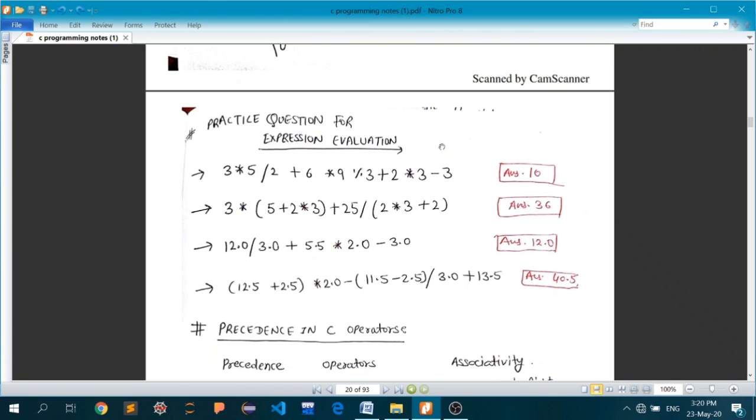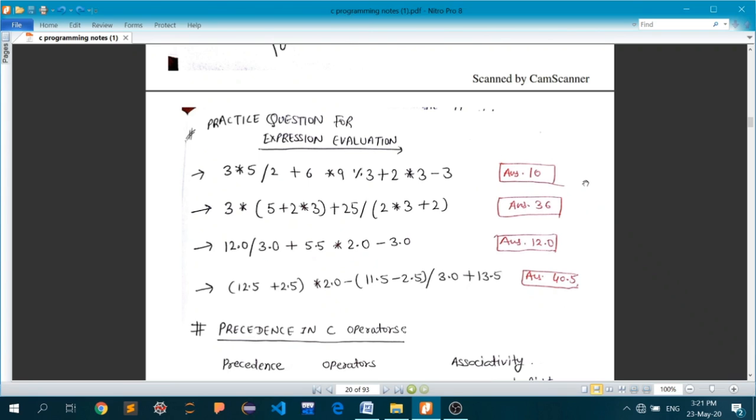And then this smaller expression here between the two additions will result in 0. Okay, so 7 plus 0 until now, and then plus 2 multiplied by 3, that is 6, and minus 3. So it is 7 plus 0 plus 6 minus 3. So 7 plus 0 is 7, plus 6 is 13, and minus 3 will result in 10.